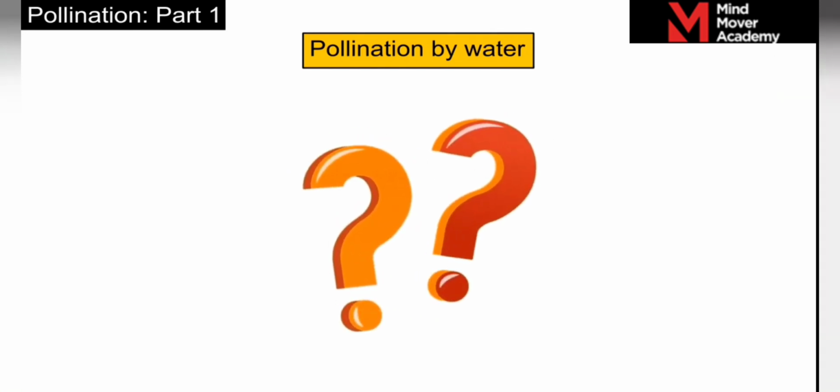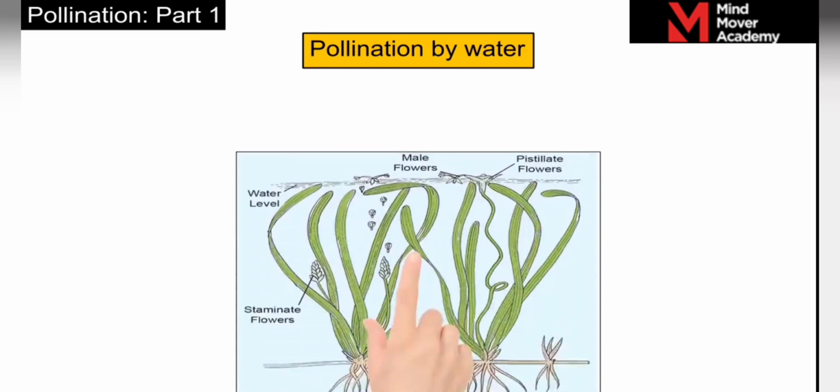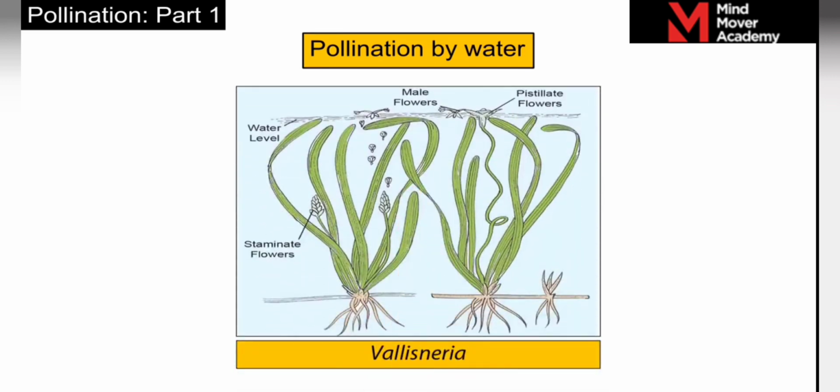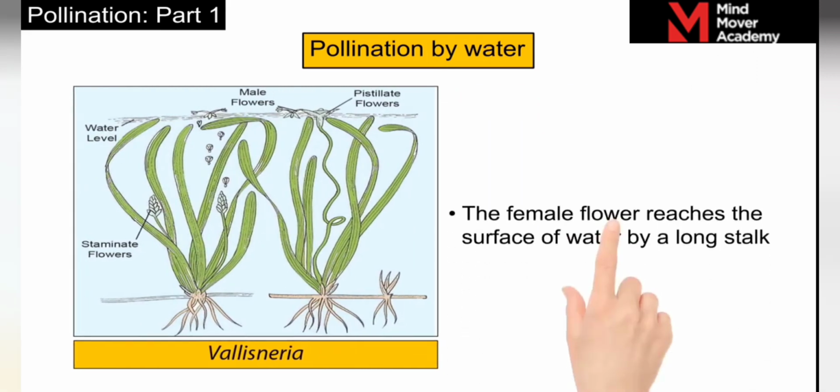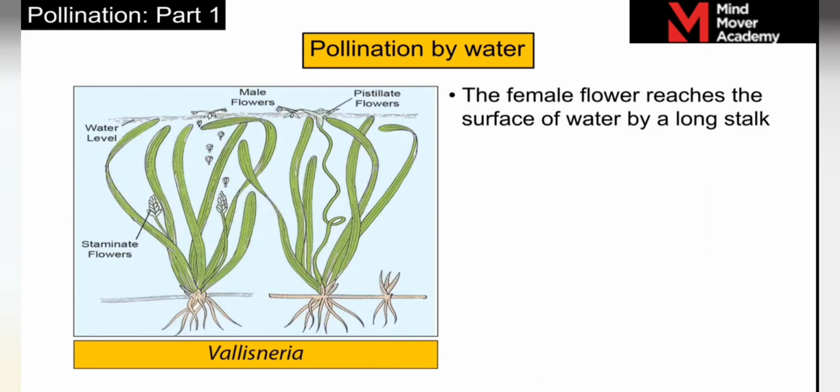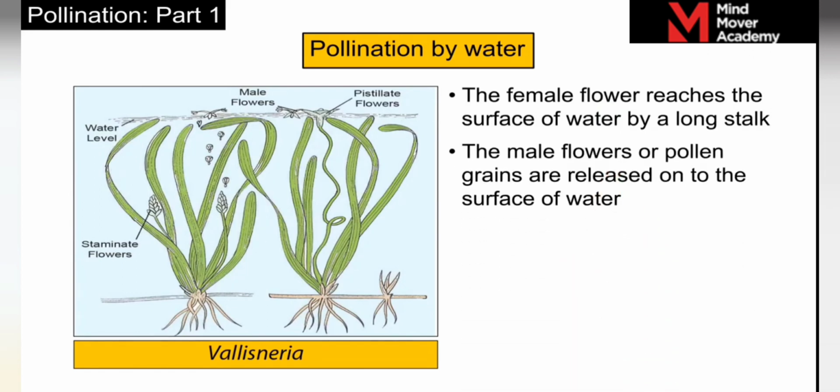So, how does this process of pollination by water happen? Well, to understand this, let us take the example of Vallisneria. In Vallisneria, the female flower reaches the surface of water by a long stalk, and the male flowers or pollen grains are released onto the surface of water.